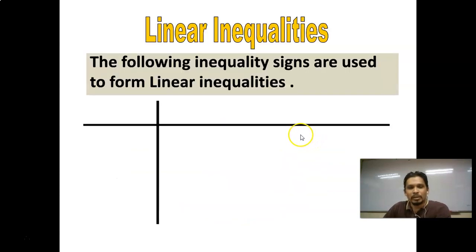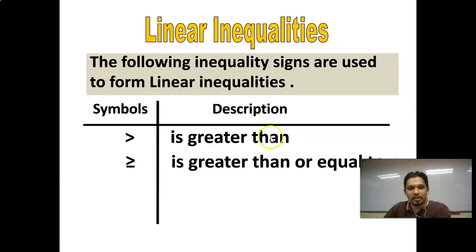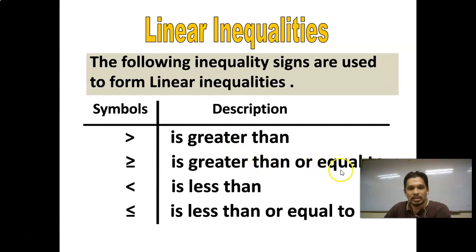So the following inequality signs are used to form linear inequality symbols: greater than or equal to, less than or equal to. For x greater than 3, it means the value of x is not 3, but 4, 5, 6, and so on.